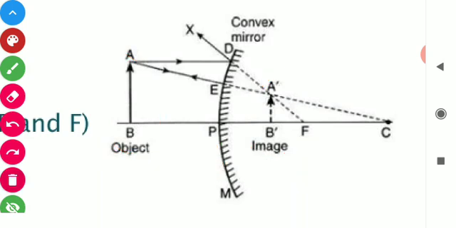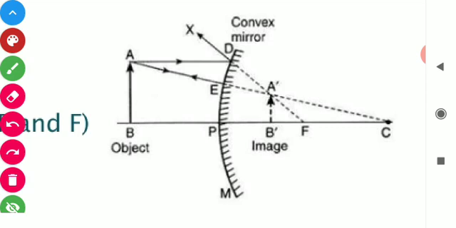Fourth and last thing we have to write is the nature of the image. Now you can easily determine which type of image this is. So students, this image is a virtual image. Is it erect or inverted?